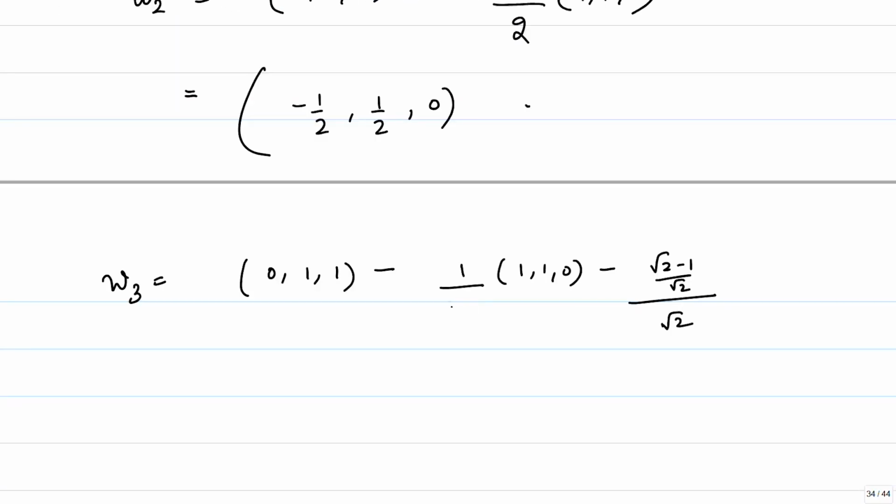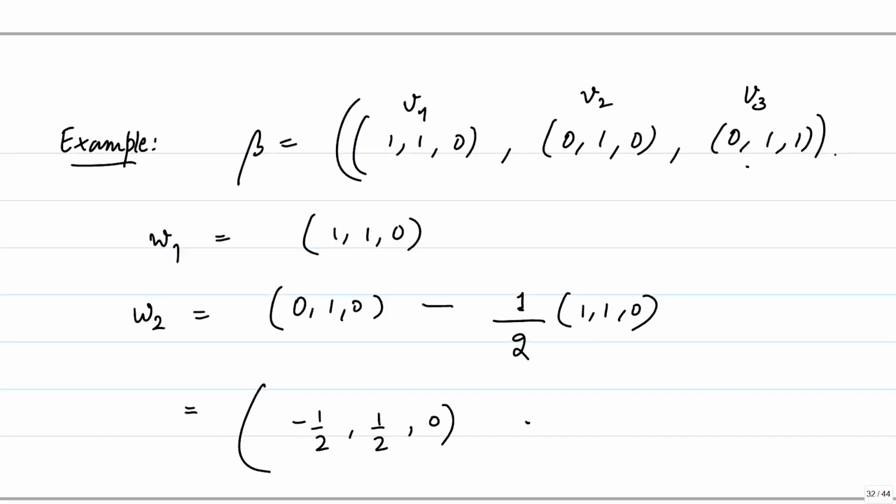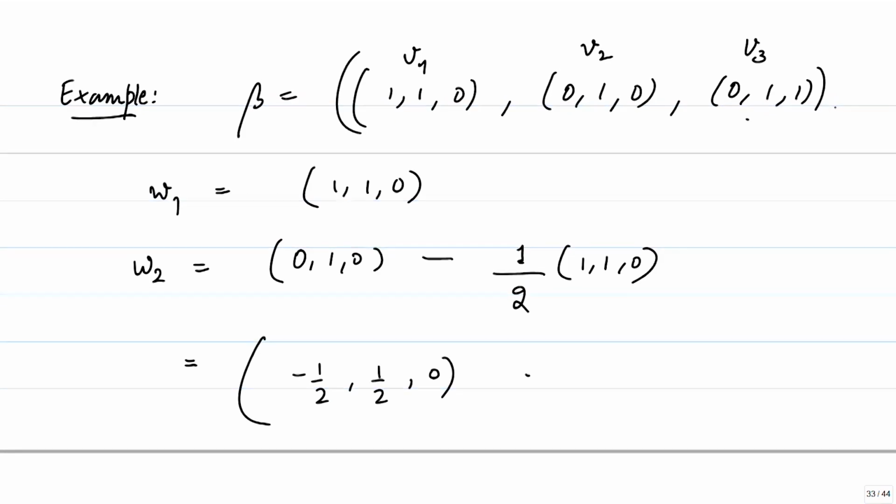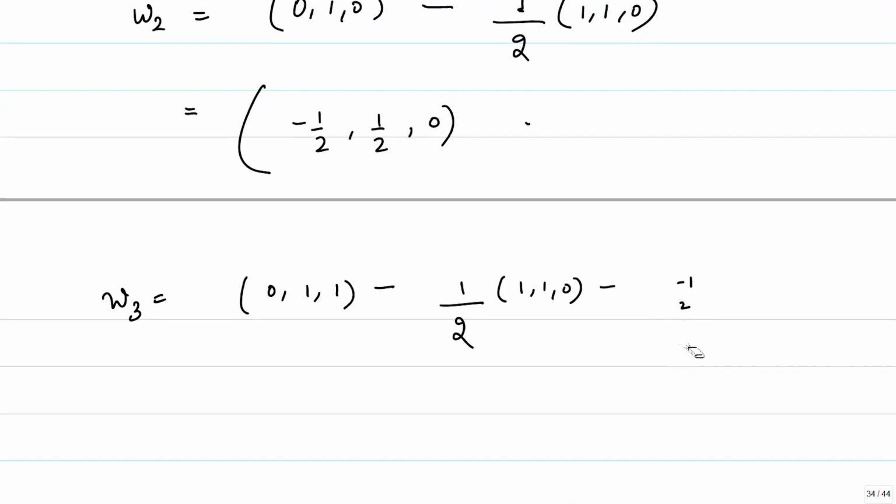This is again 2, and this is going to be the inner product of V3 with W2, which is half. So this is just going to be half by the norm of W2 squared, which will be 1 by 2 squared plus 1 by 2 squared, which is 1 by 2, times minus 1 by 2, 1 by 2, 0.